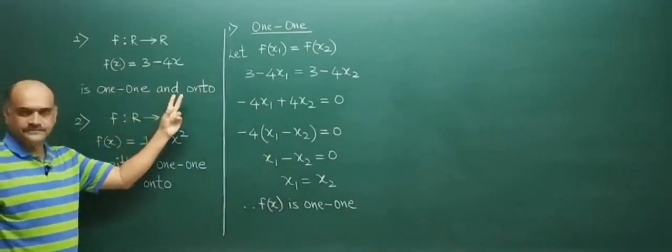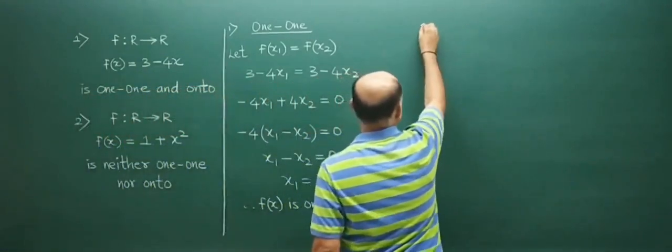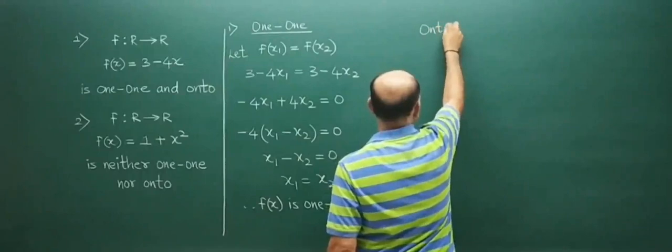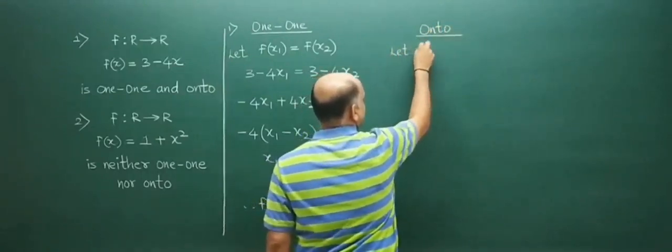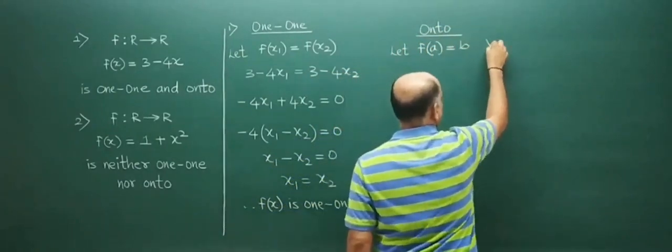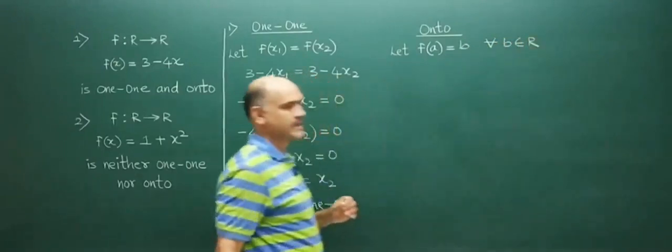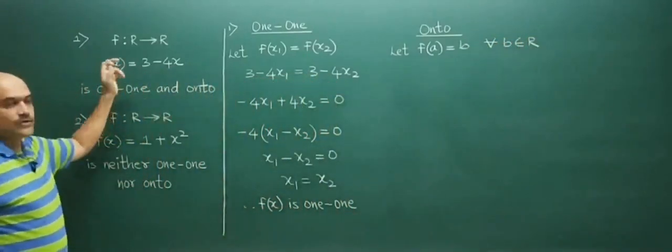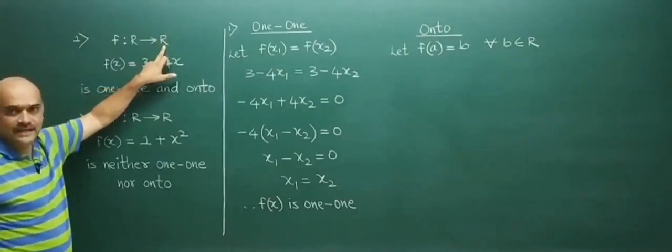Now second, onto. You are required to show that the given function is onto. So for onto we let f of a is equal to b for all values of b belonging to R. So f of a is equal to b, where b belongs to the second set, that is the real numbers.